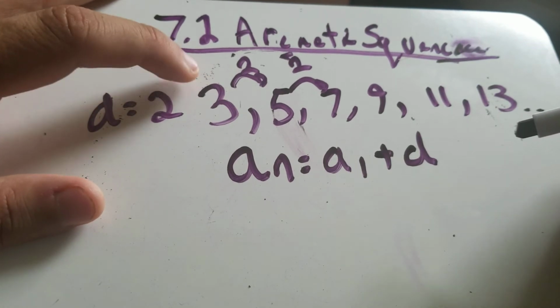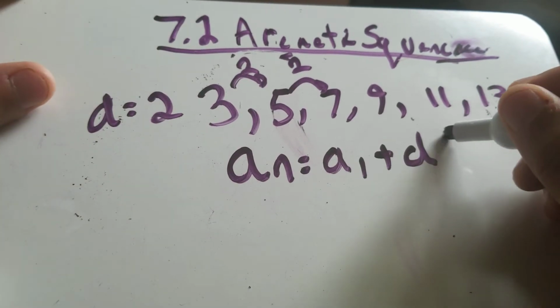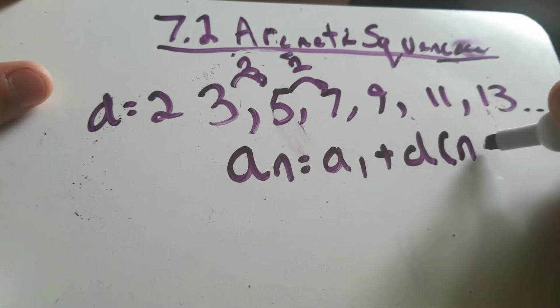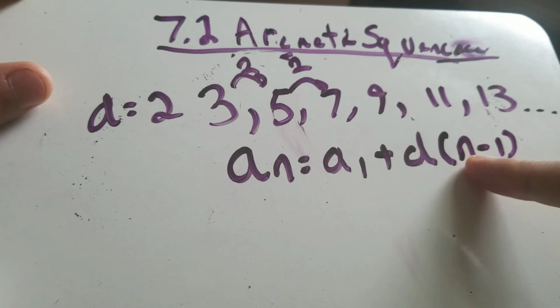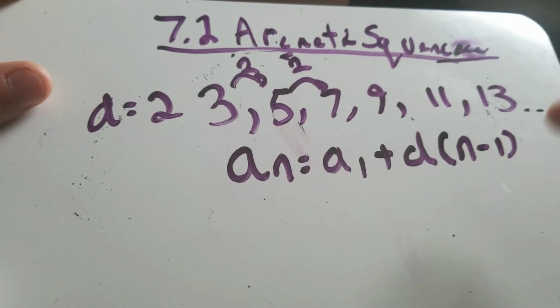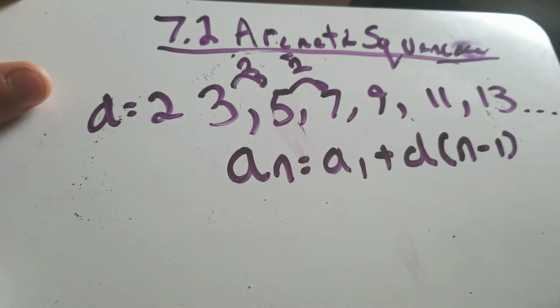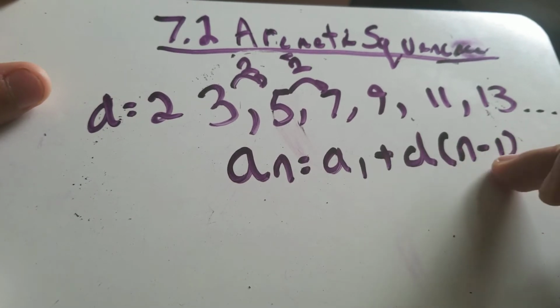So it could be going down by 2 or going down by 100 or something like that. Then parenthesis, n minus 1. N is what step you're on, and minus 1 is just subtract 1. It's whatever your step is, minus 1.